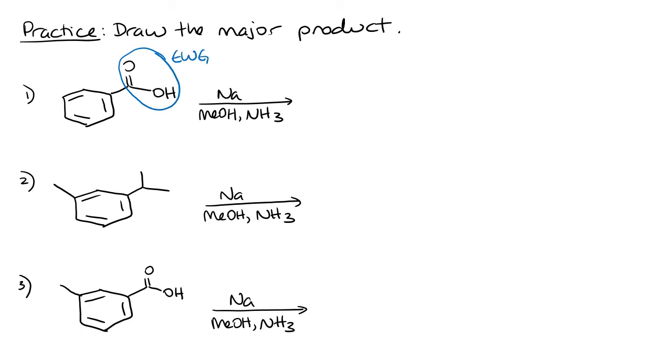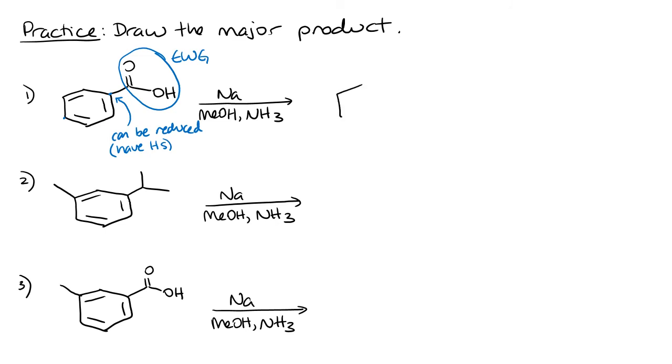And we learned on the previous slide that carbons containing electron withdrawing groups want to be reduced. Which means they're going to be the ones that have an H. Okay, so we know that this carbon wants to be reduced. We also know that the opposite carbon is also going to be reduced.